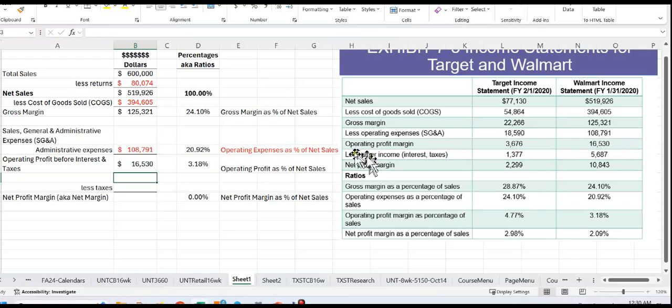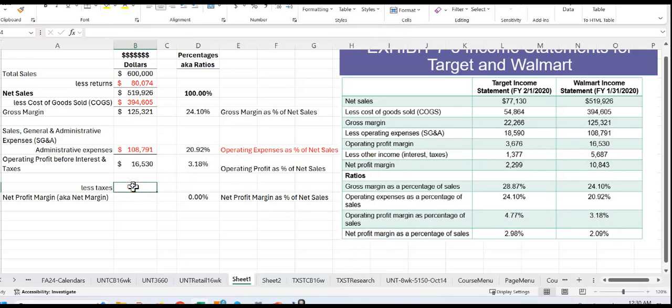$16,530. Operating profit margin, $16,530. Wow. And the operating profit as a percent of net sales is 3.18%. Piece of cake. All right. Then we're going to have some taxes to take out of there.